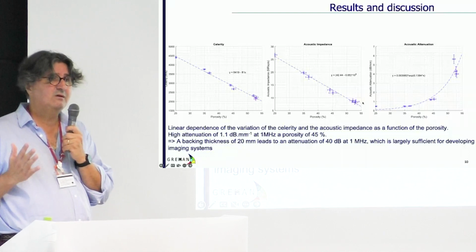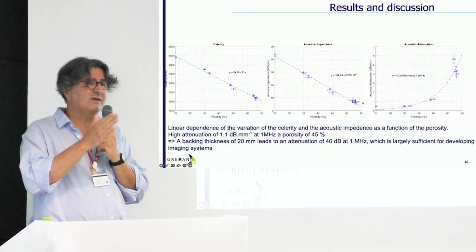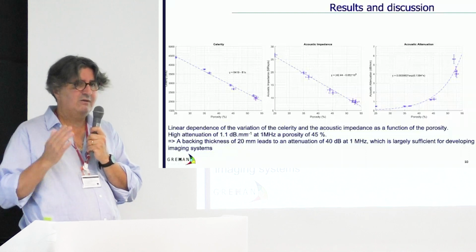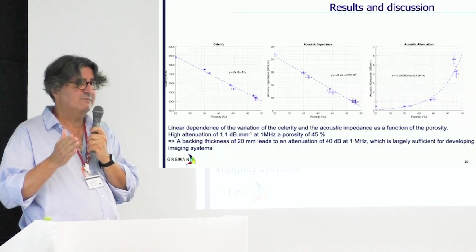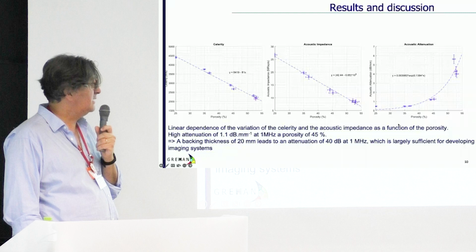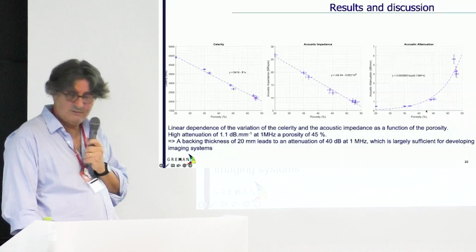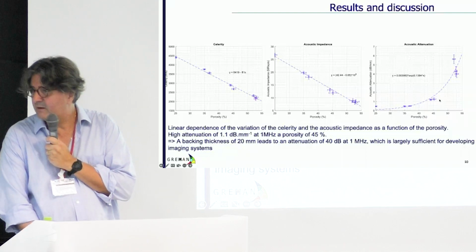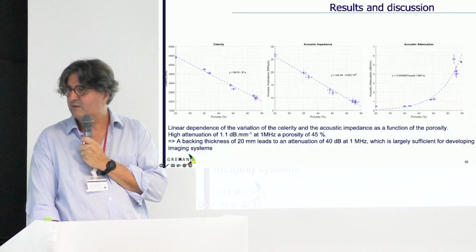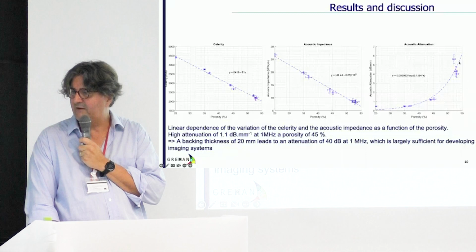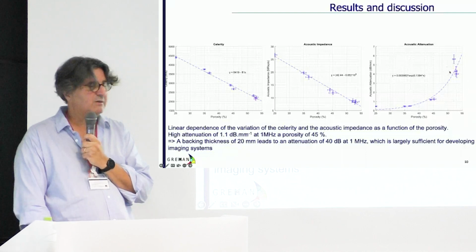If you can control the acoustic impedance of the backing, you will be able to control the bandwidth of the transducer and the sensitivity. That is very important. Another very important parameter is the attenuation. When you increase the porosity, you have a huge increase of the attenuation. Even with 52% porosity, you have an attenuation of 4 dB per millimeter.